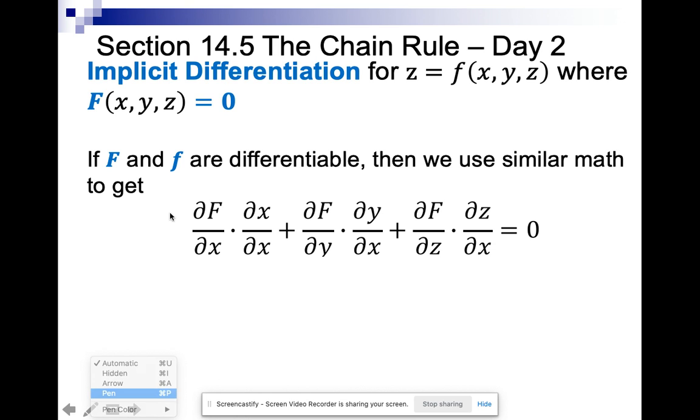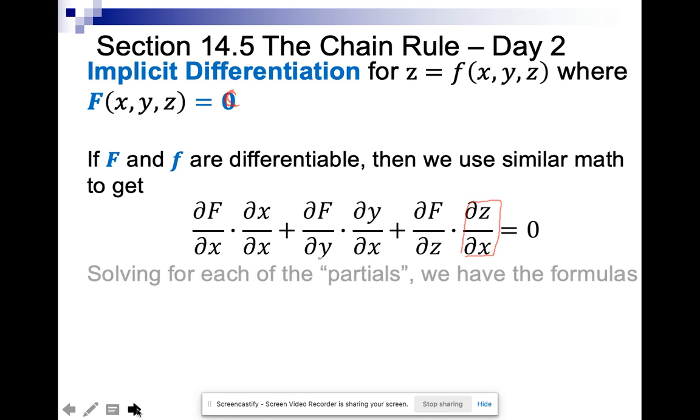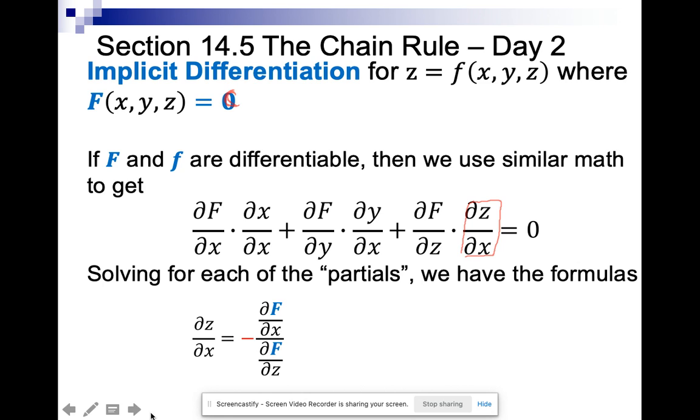I should write C. If I want dz dx, that's what I get. And if I want del z del y, that's what I get.